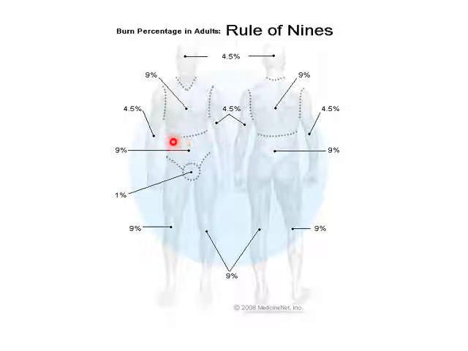Here are the classification about the anterior and the posterior, and here the trunk is divided into two lines, and the back also two lines, and the anterior part of the upper limb is 4.5. Anterior part of the lower limb is 9. Posterior is 9. And the head is 9% anterior posterior, and the inguinal area 1%.